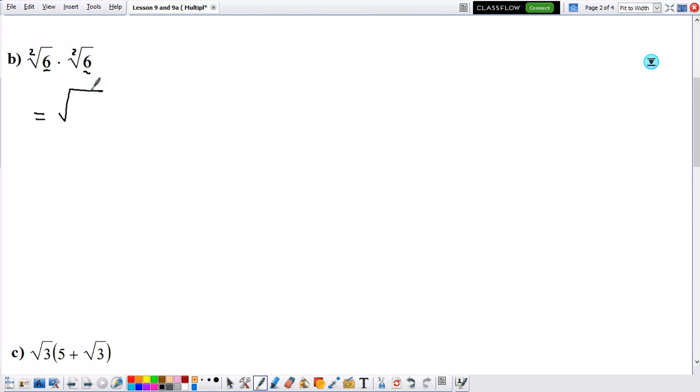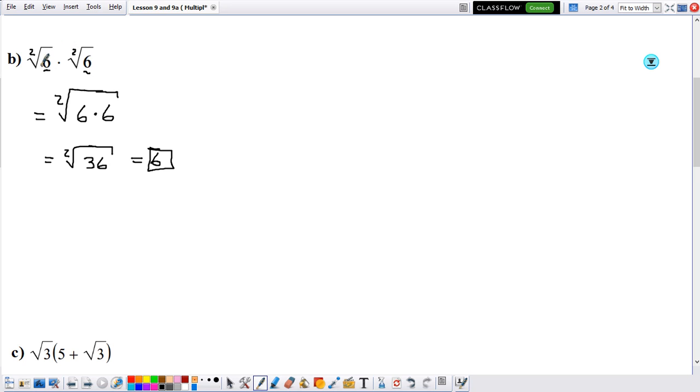So now this becomes the square root of 6 times 6, which is just going to become the square root of 36, and the square root of 36 is just 6. So this is how you multiply square roots.